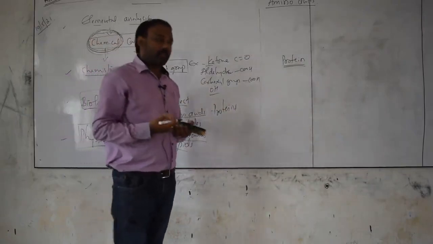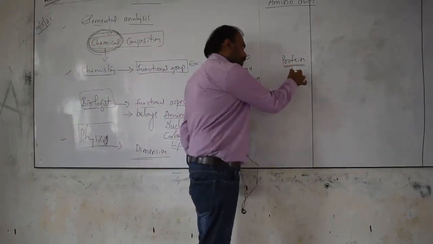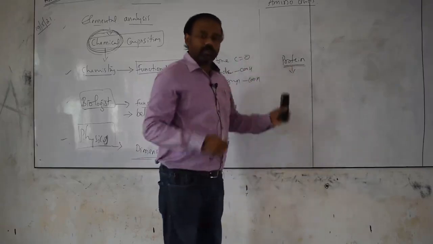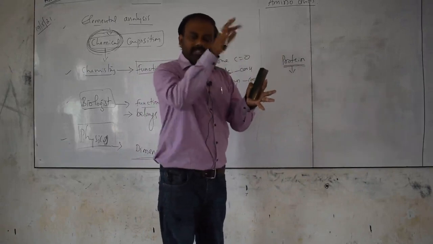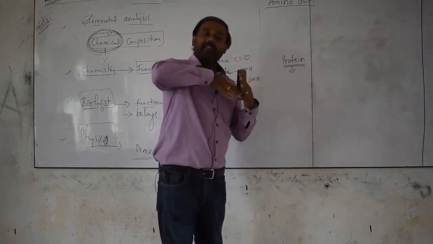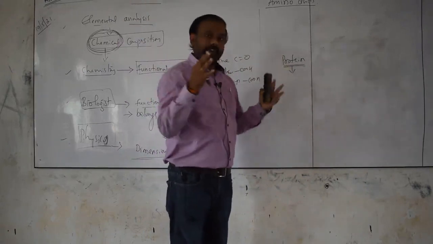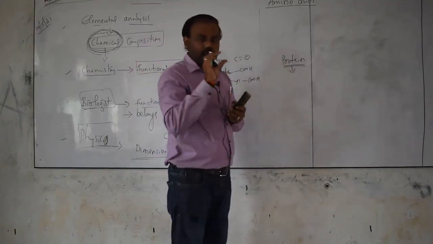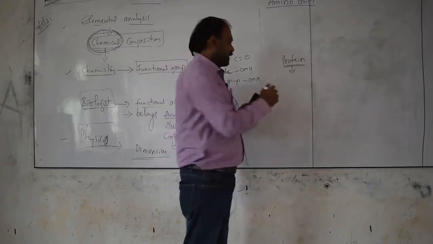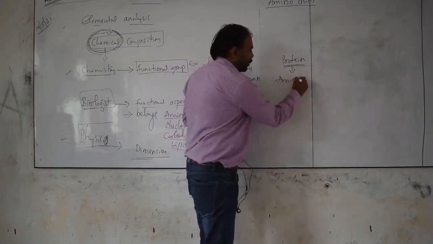See, complex food molecule. Why am I using the word complex food molecule for protein? Because protein is one such molecule which is made up of several thousands of small units. Each of those small units is considered an amino acid.